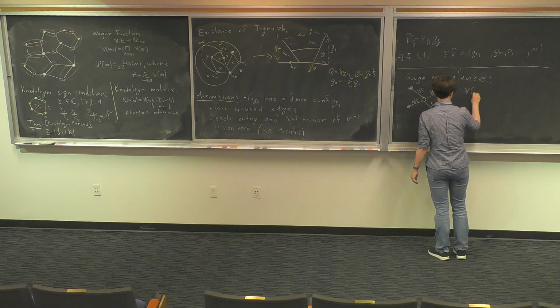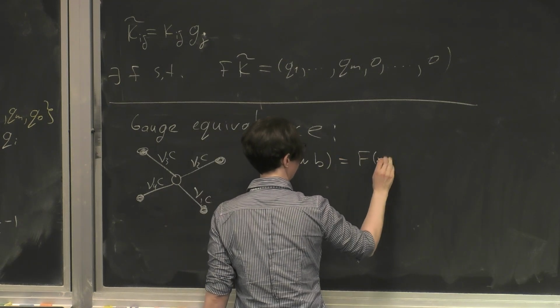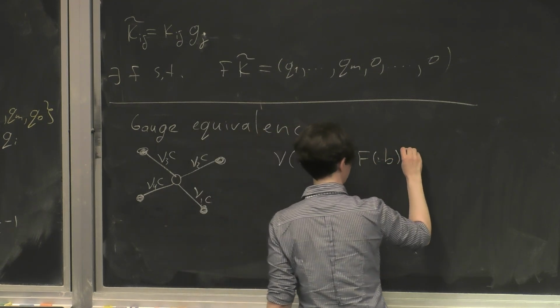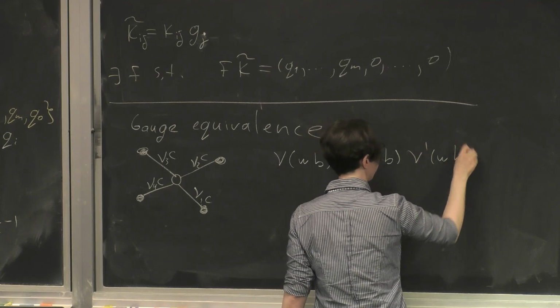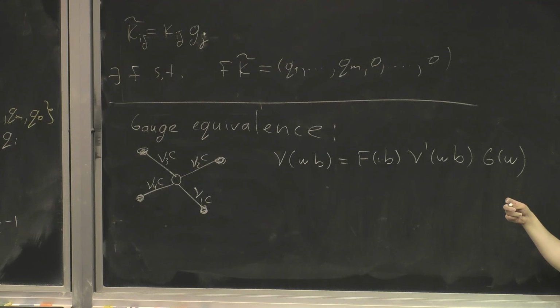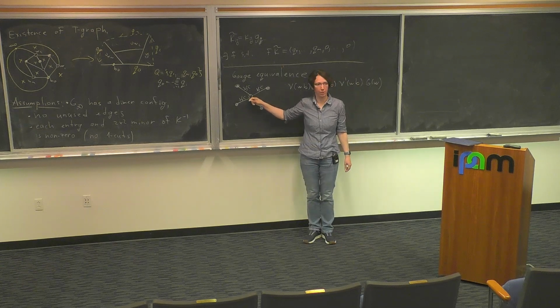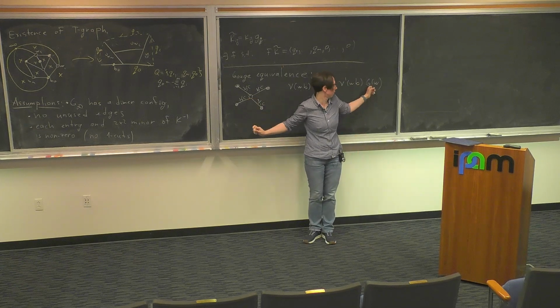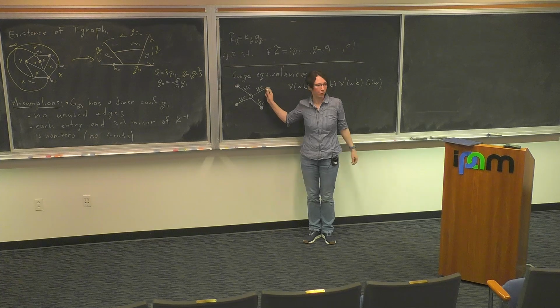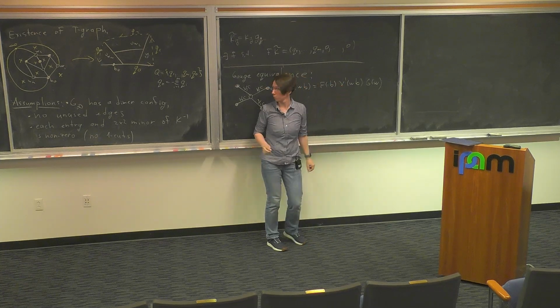So we say that two gauge functions are gauge equivalent if one can be obtained from the other by a sequence of such multiplications. We can define a function at each vertex: at each white vertex, I will call it the function g, and at each black vertex, function f, and say that this is a relation between those two.